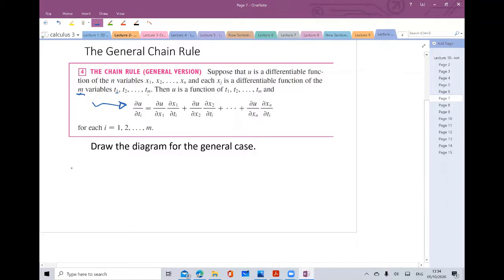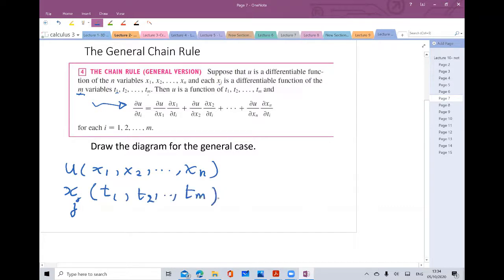So if we write it like this, u is a function of x1, x2, up to xn, you have n variables, and the xi's themselves are functions of other m variables, let's call them t's, okay? If I have t1, t2, up to tm, m such variables.